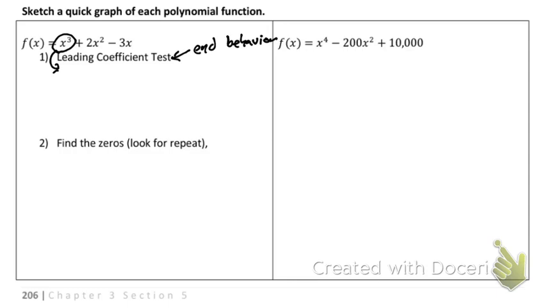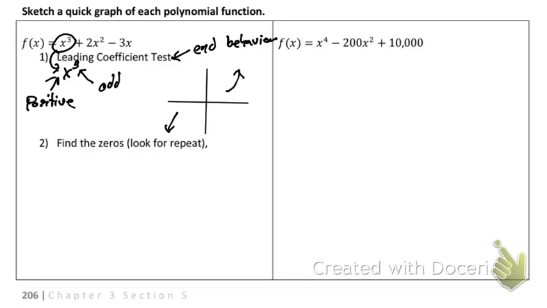I take that x cubed and look at the power it is. Well, it's odd, and the coefficient in front of it is positive. If it's odd and positive, our end behavior is going to start low and end high.